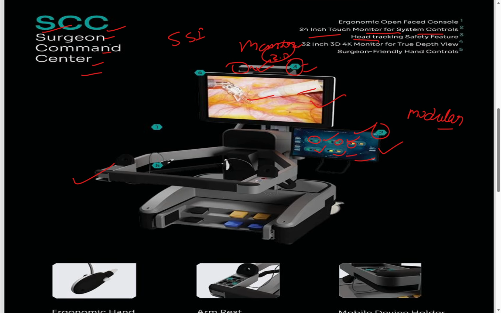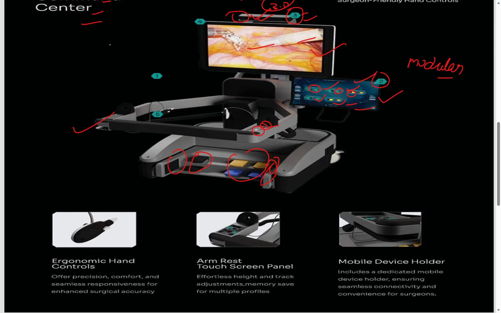Again, the foot pedal is there, with 2 and 4, and this one is the swap switch. I think SSI has one additional switch on the right also, so we have to check their manuals. This one is an emergency stop, and this is a power button. Their ergonomic hand controller is like this one, and here they put this type of hand gripper.